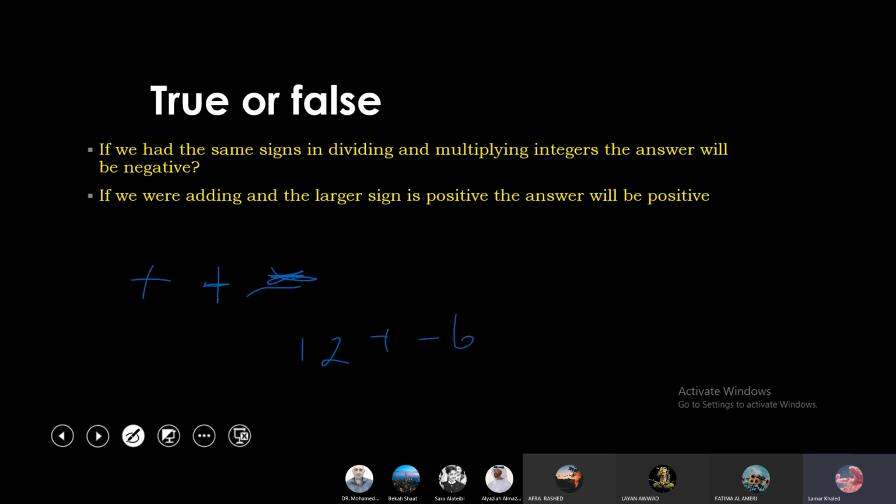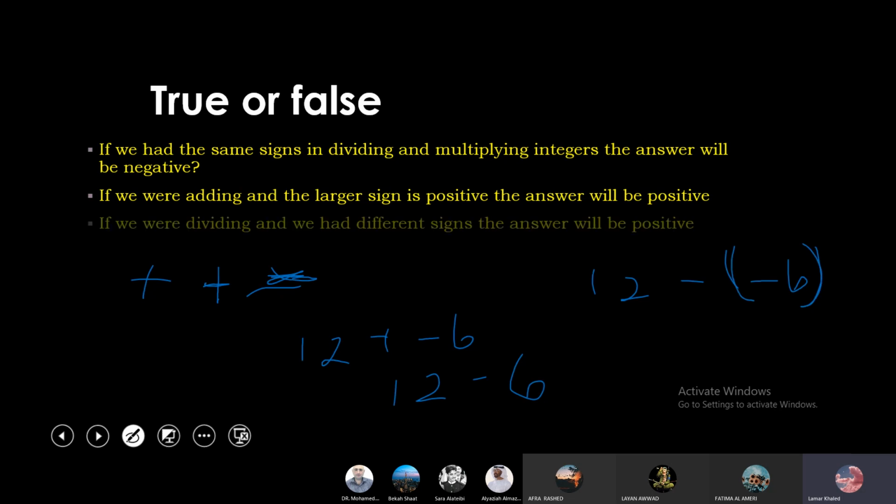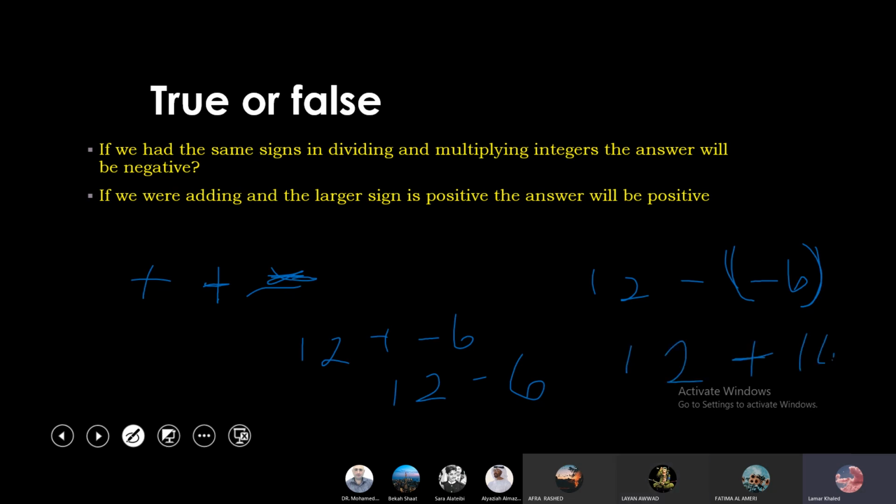We have different signs, so we subtract: 12 minus 6.